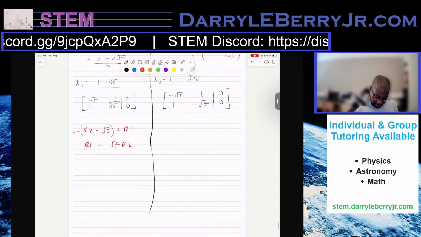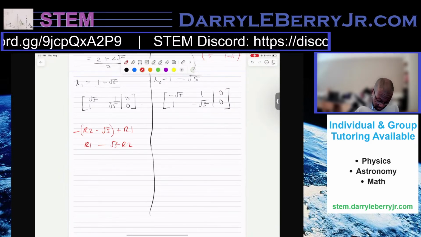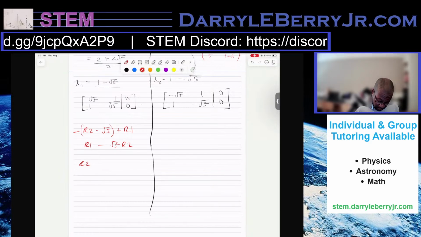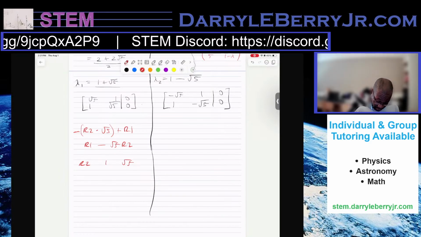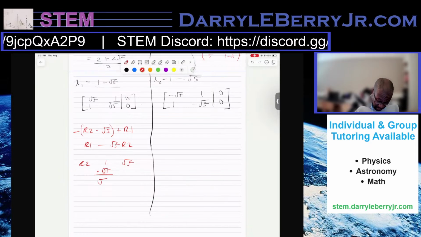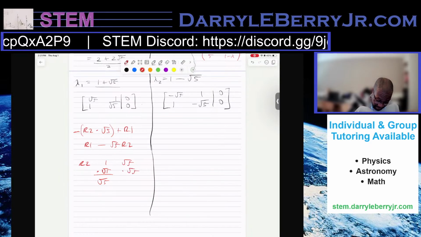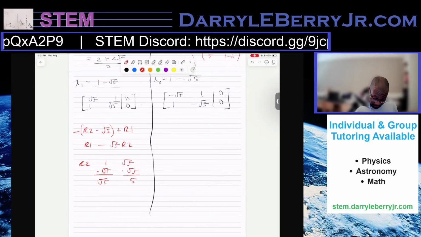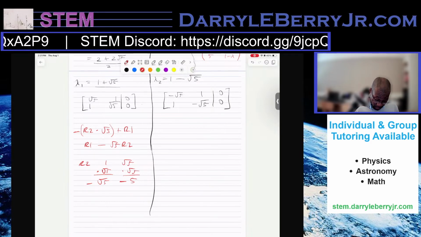So basically what's going to happen is, let me actually write this out. So we have row 2 is 1, square root of 5, and I'm going to multiply this by square root of 5. So that's going to be square root of 5. And I'm going to multiply this by square root of 5. So that's going to be 5. So now I'm going to subtract this from row 1.